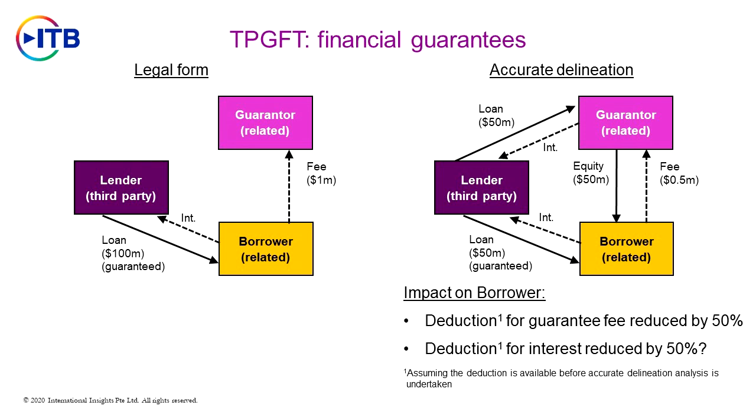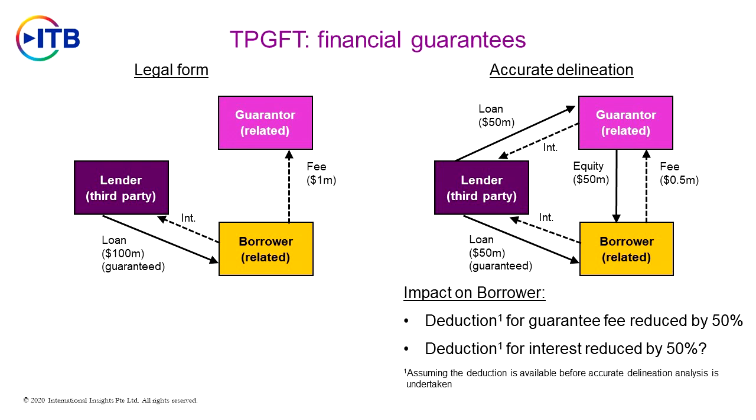Then on the right, after the accurate delineation analysis is applied, you can see these transactions. The third-party lender lends $50 million to the borrower. That loan of $50 million is guaranteed by the guarantor, which receives a guarantee fee of $0.5 million from the borrower, being 1% of the amount of the loan.